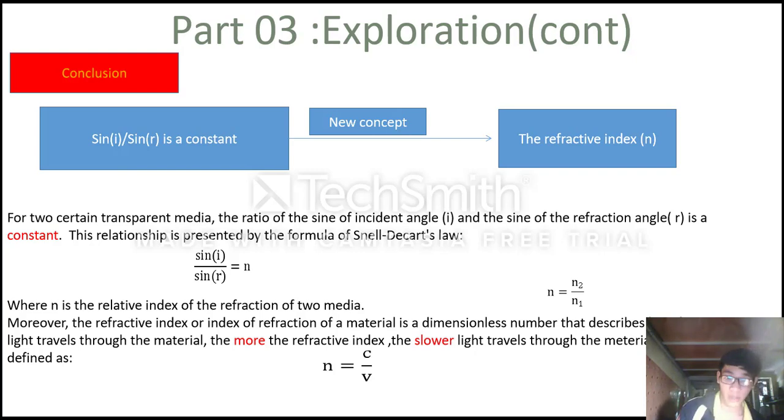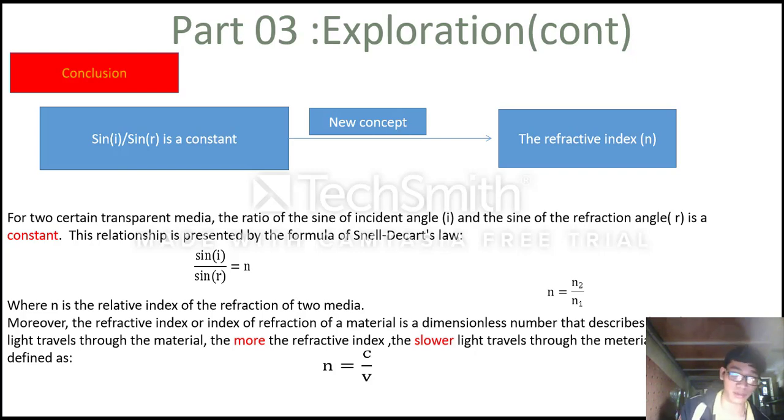The refractive index of a certain material is a dimensionless number that describes how fast light travels through the material. The higher the refractive index, the slower light travels through the material.